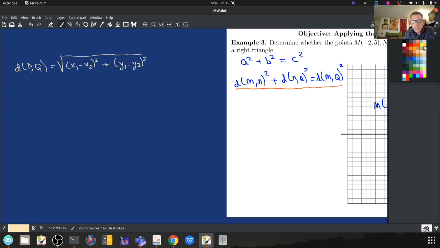But this formula requires that we square that distance. So if I square this distance here, I have to square this here.